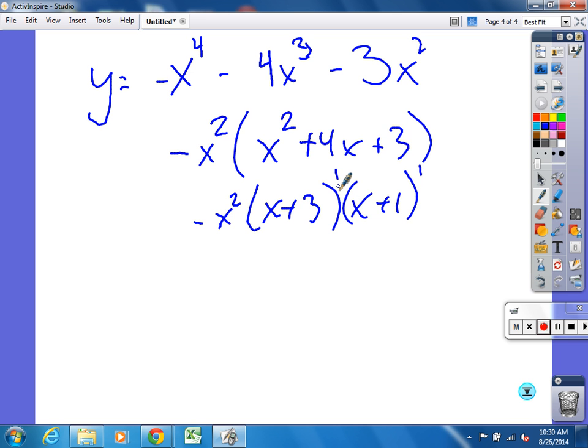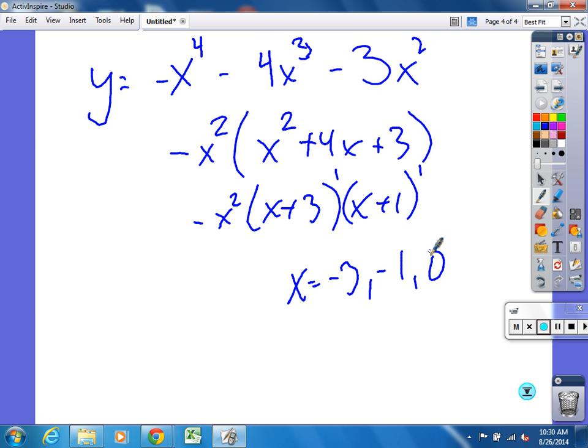My zeros. What value makes this graph 0? Negative 3. Does everybody see this, guys? Negative 3. Any others? What value makes this 0? If I plug 0 in for x squared, doesn't this make this whole thing 0?